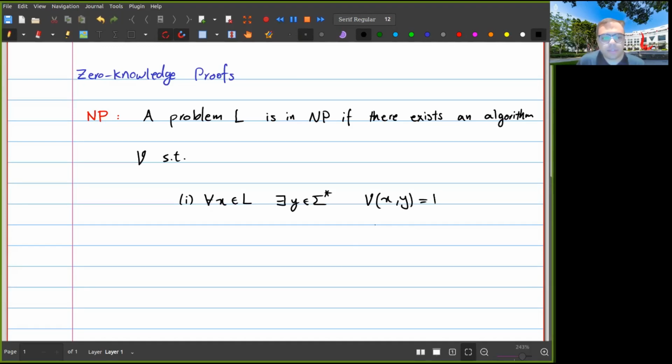So basically, I think of this algorithm V as a verifier. It's a verifier in the sense that whenever I give it an input to the problem whose answer is yes, and I give it a proof, this verifier can check that the proof is correct. Okay. And then the second condition I wanted to have is that if I have some input that is not in my language L, so if I have an input to my problem whose answer is no, then there should be no such proof.